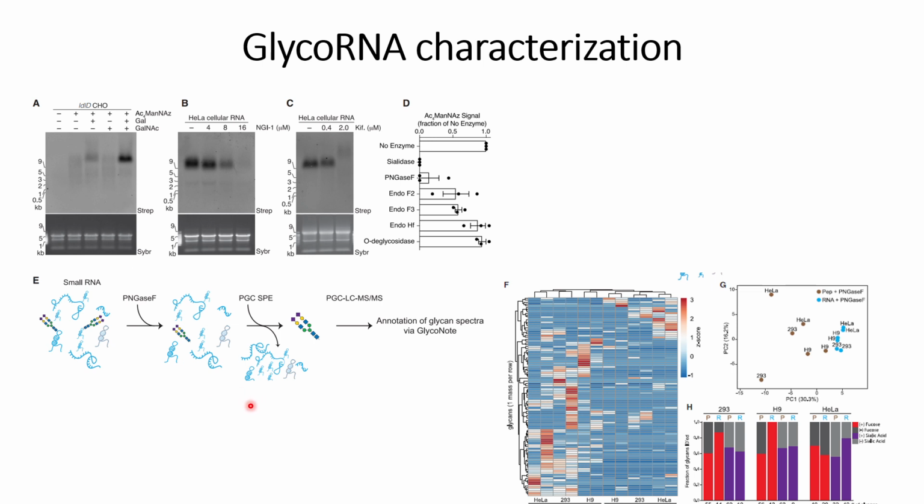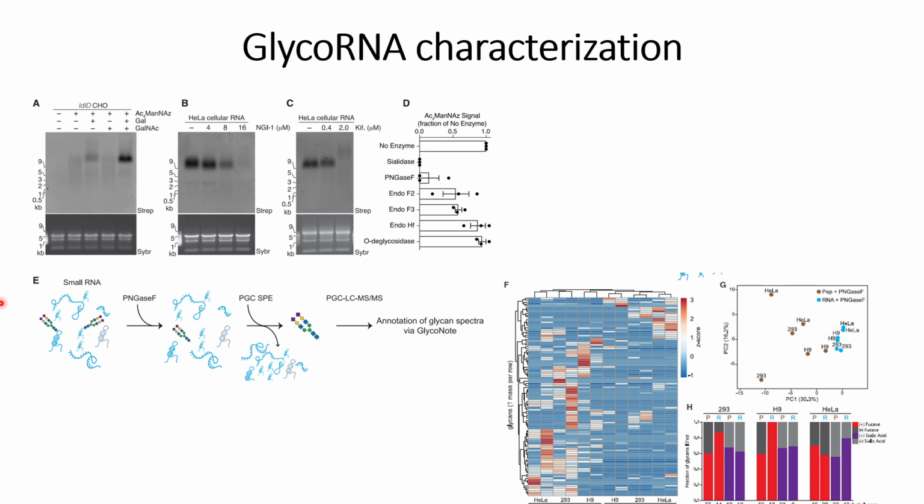Next, they did the mass spec analysis. They took small RNA, treated it with PNGase F, separated the released glycans using a PGC column, and then analyzed them by PGC LC-MS/MS and annotated them via Glyconote.